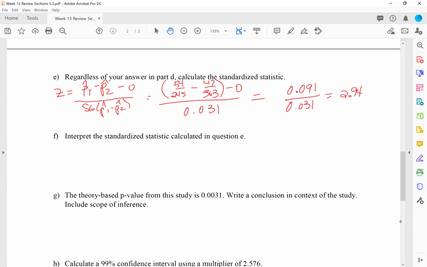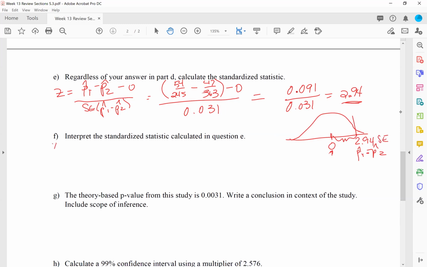All right, so if we think about an interpretation of this value, remember, if we think about our standard normal distribution, that 2.94 is measuring the distance between the null value and the difference in proportions in measures of standard error.